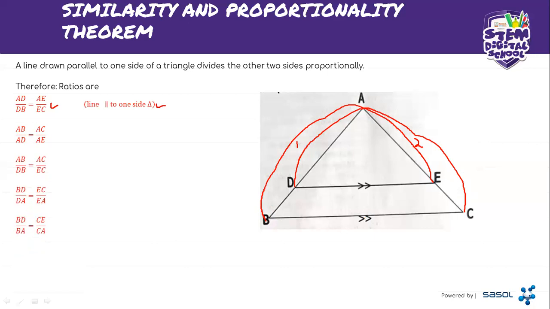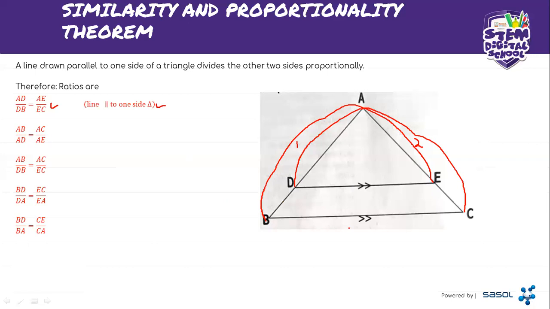And then you can also do the same. We can now see AB, where is AB? It's still the same AB, but divided by DB. So the way you've moved, remember, you must also do the same on the other side. It's very important, my dear learners, to understand this one. Only if a triangle has a line parallel to one side of that triangle, then you are going to apply what we are doing right now.